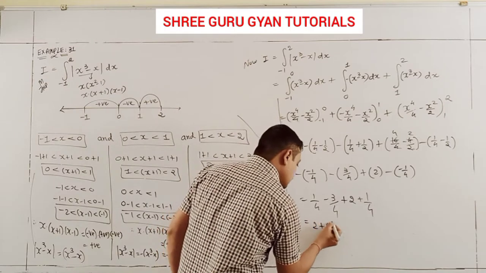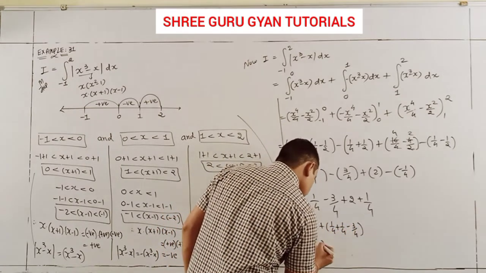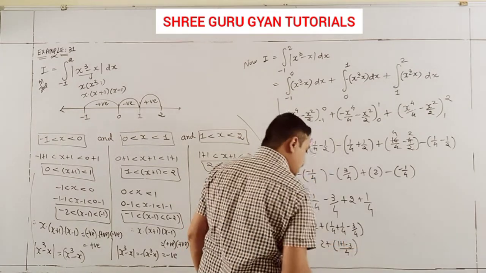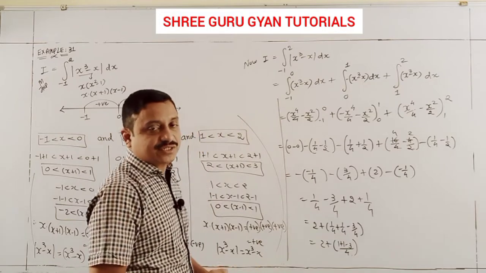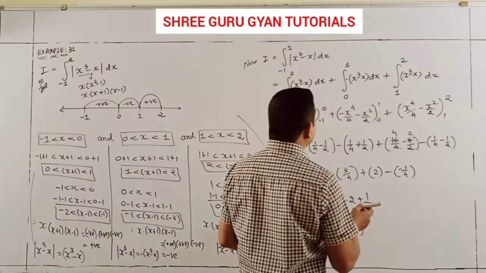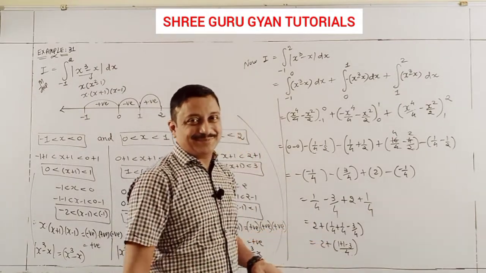So 2 plus 1/4, 1/4, 3/4. So 2 plus here 1, 1 and minus 3. How much? 1 minus 2 minus 4. Yes, it gets, student, here our solution coming, and after that you calculate the value.